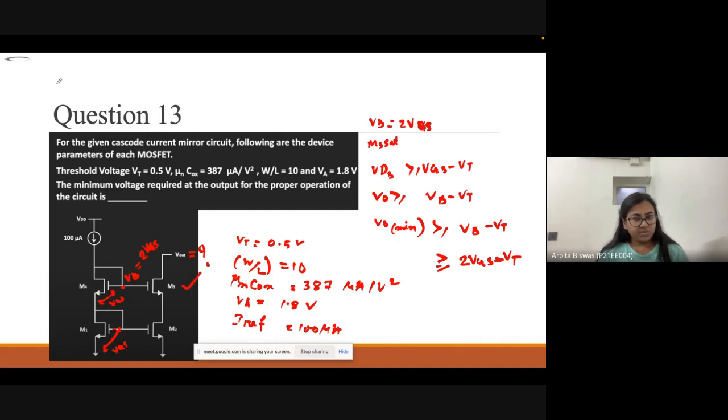From there, the current flowing from this side is 100 microamps, and from this side the same current will flow.